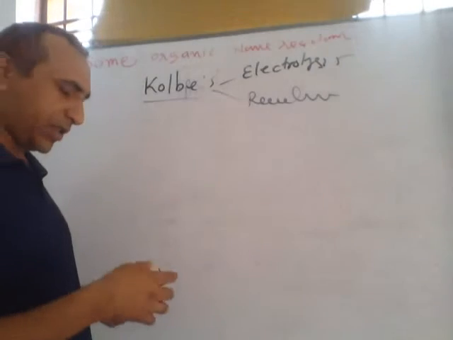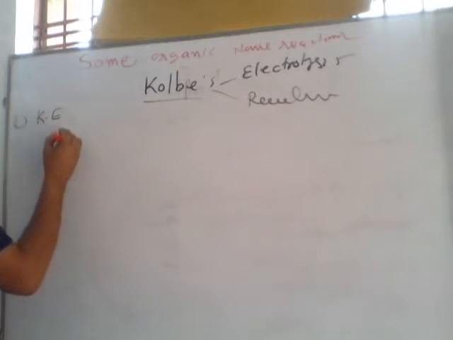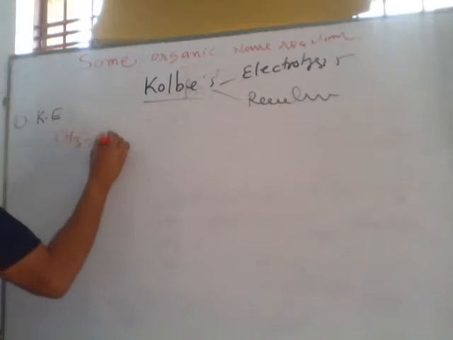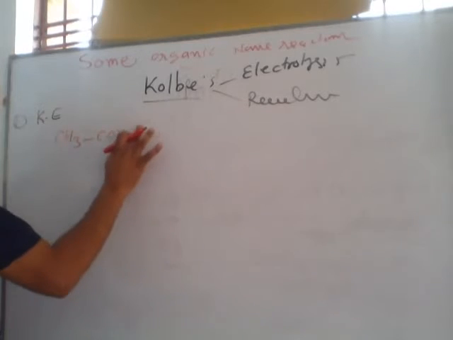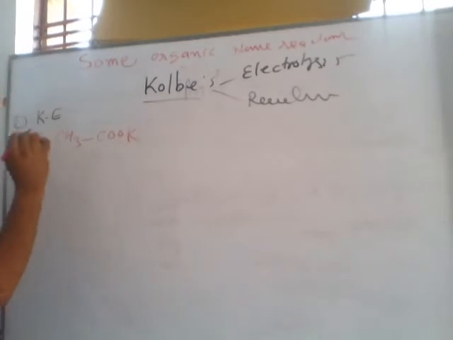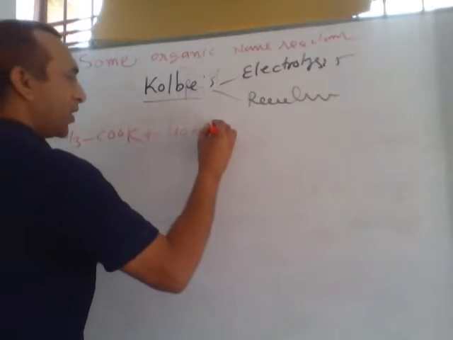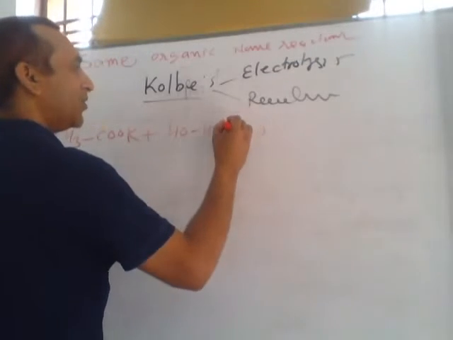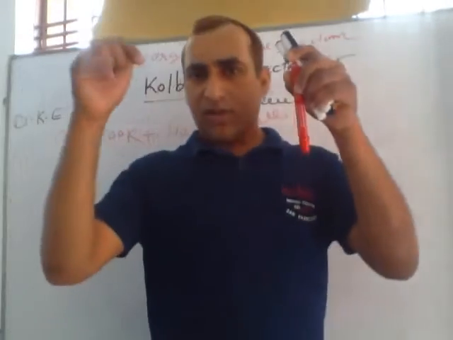In Kolbe electrolysis, we write this type of compound, CH3COONa. Otherwise, instead of sodium, we can also use potassium. The potassium or sodium salt of a carboxylic acid is dissolved in water and current is passed, which means electrolysis.